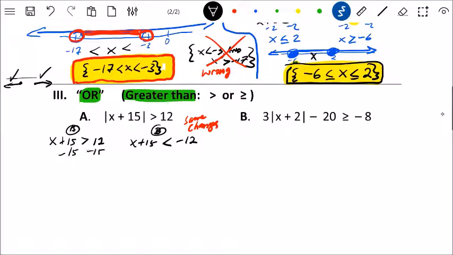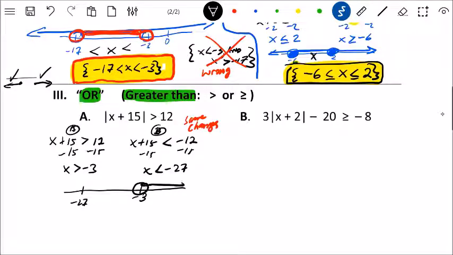Minus 15, x is greater than negative 3. Minus 15, x is less than negative 27. So when I do this, here's negative 3, here's negative 27. Here it's larger than that, and here it's less than that. So in this case, we say that x is less than negative 27, or x is greater than negative 3.